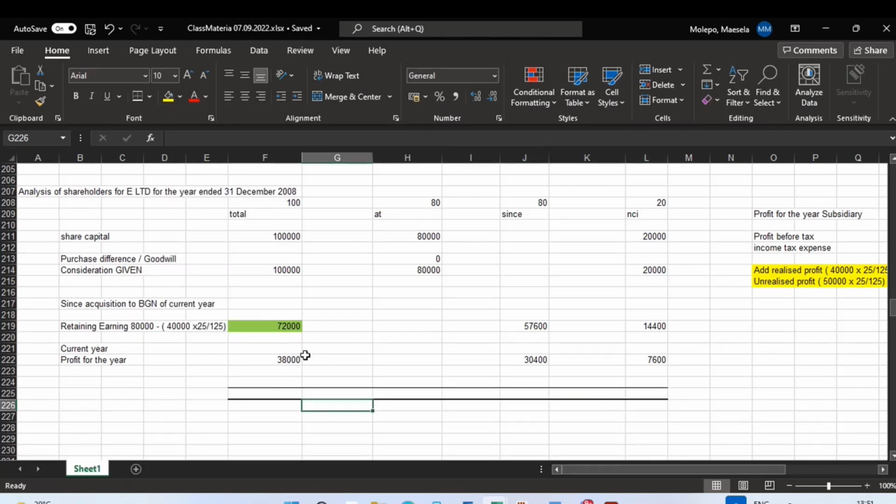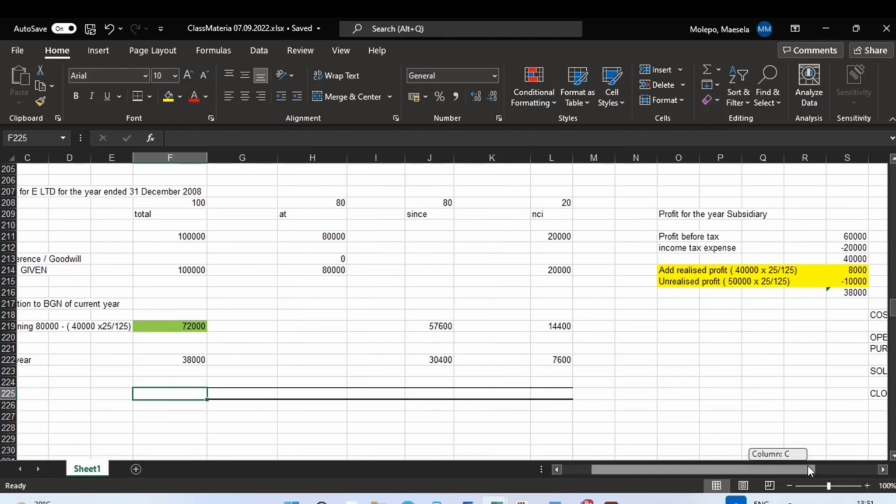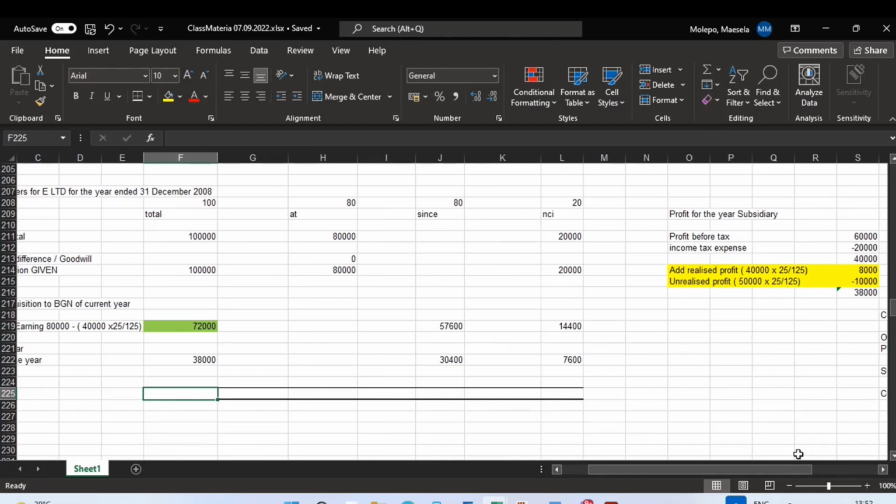Sir, can I ask one question? Mm. Sir, in the last exercise, we deducted that profit, that 100,000, from profit for the year. Why didn't we minus it in this example? Okay, in the last example, what did we do? We said minus 20,000.